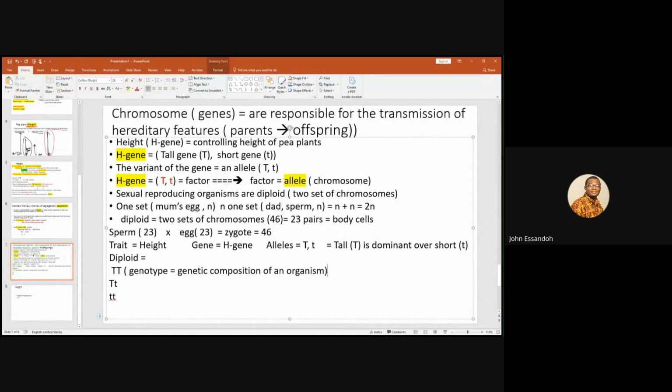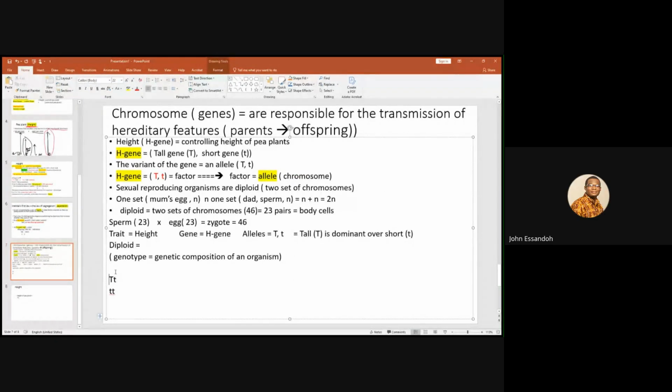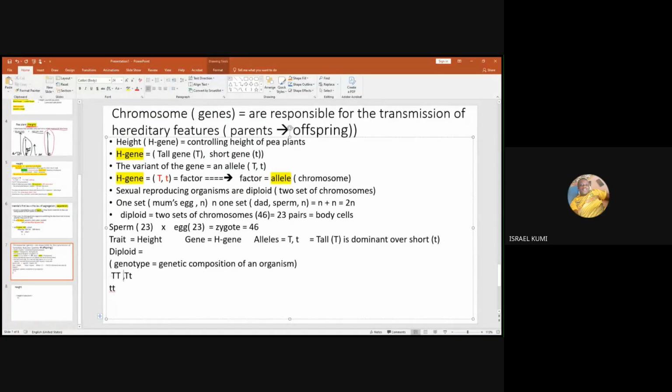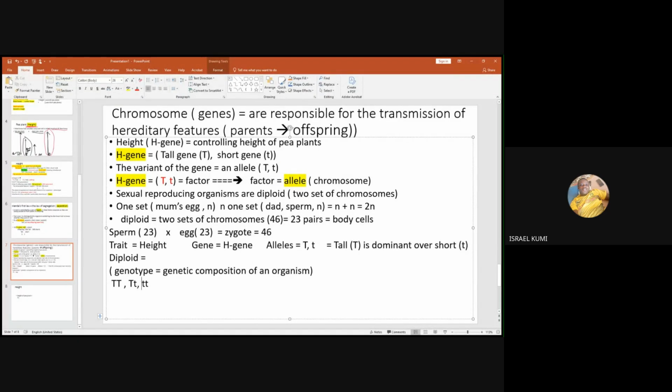That's genotype. We have three possible genotypes now.